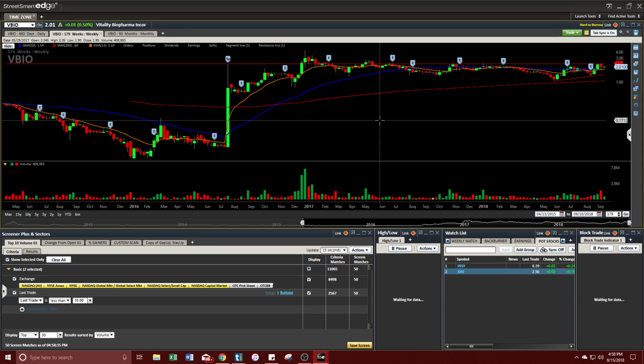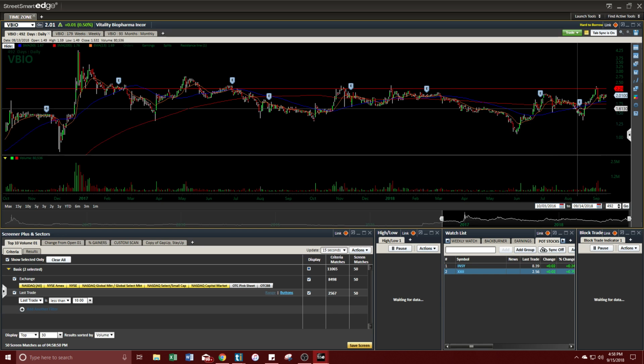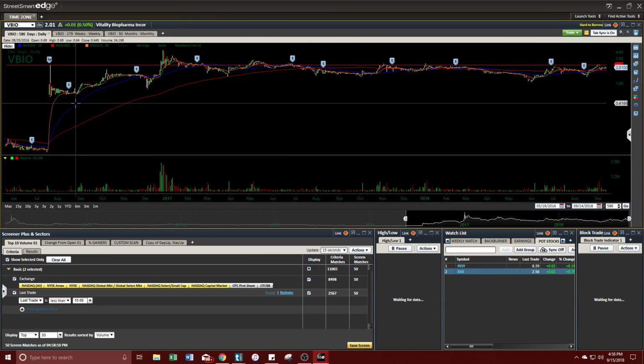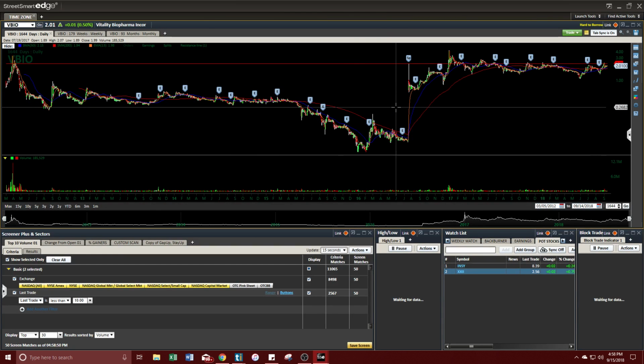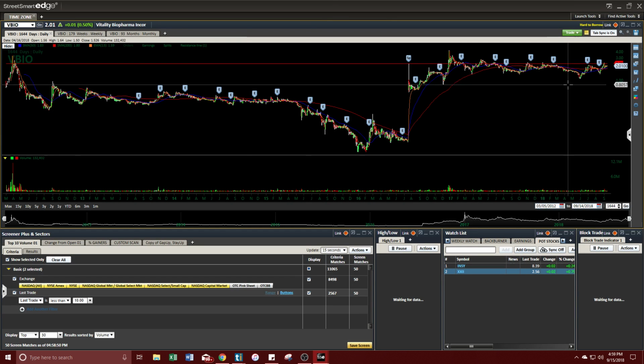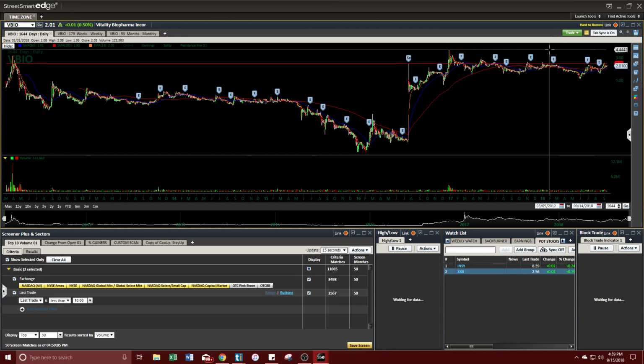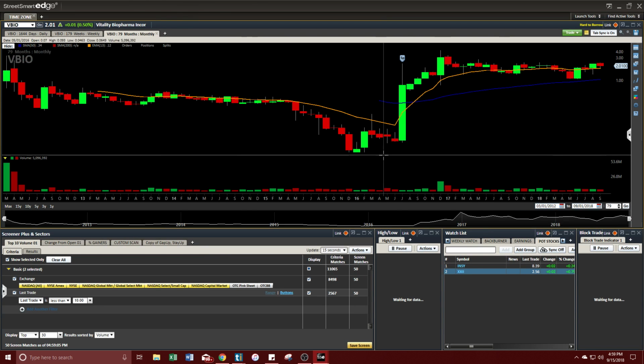This is a low float stock. If I go to the daily, it has history of running here and somewhat here, and it hasn't ran in a long time. It's got a history of running right there too, and it's literally almost there, $2 away from breaking new highs, multi-year highs. Let's see what it looks like on the monthly.